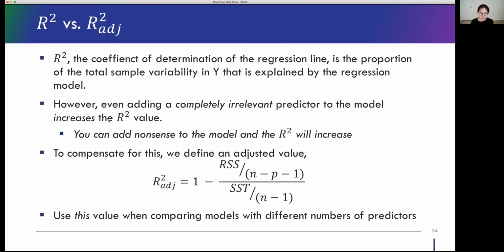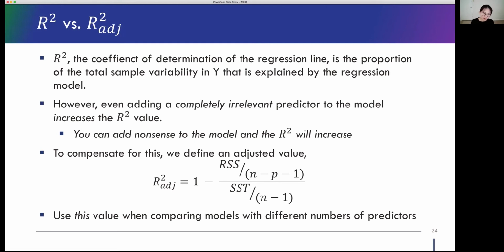But this R squared is not really that robust, because if you add a completely irrelevant predictor to the model, this R squared would increase. So if we use R squared to evaluate whether our model is good or not, we can add more and more predictors to make R squared large.